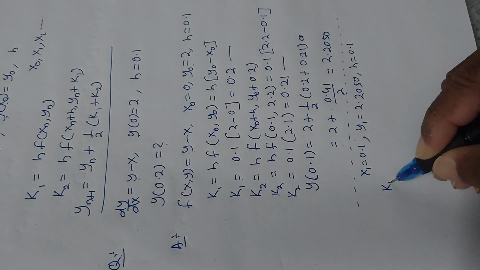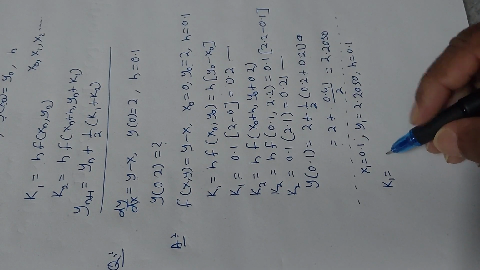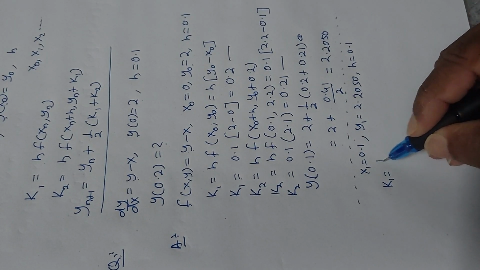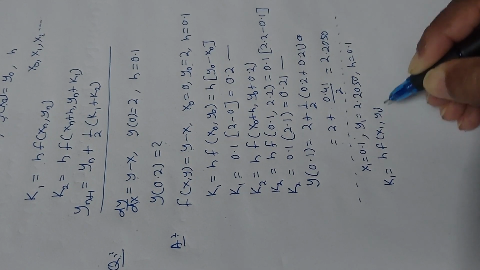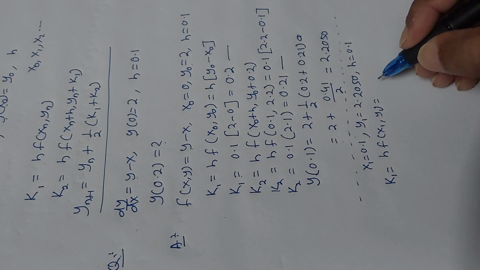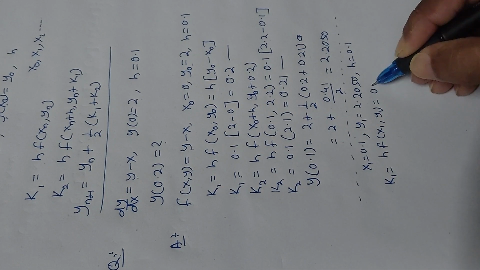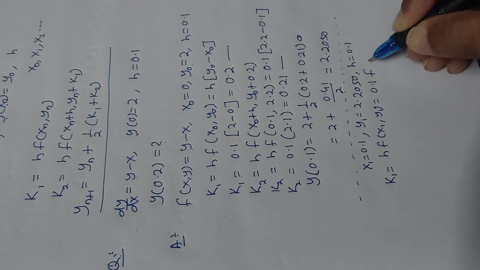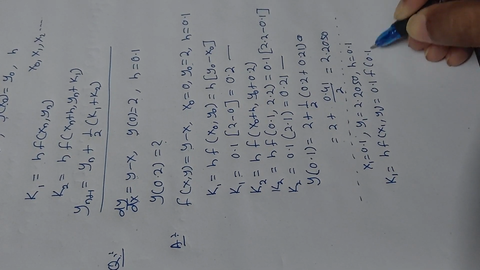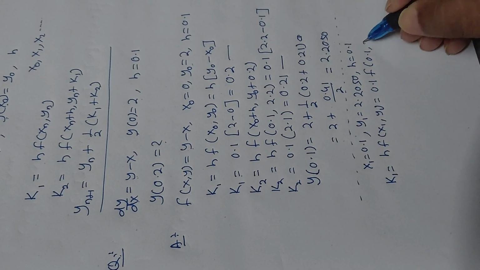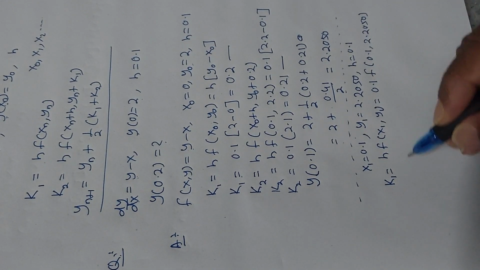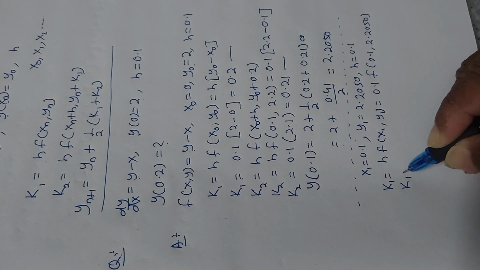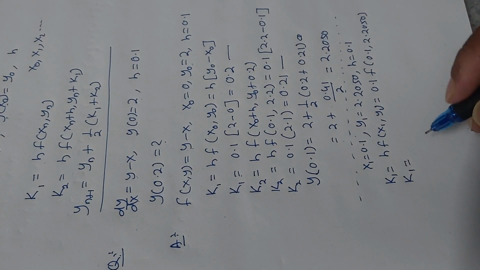Now the next k1 will be h into f of x1, y1, that means 0.1 into f of 0.1, 2.2050.